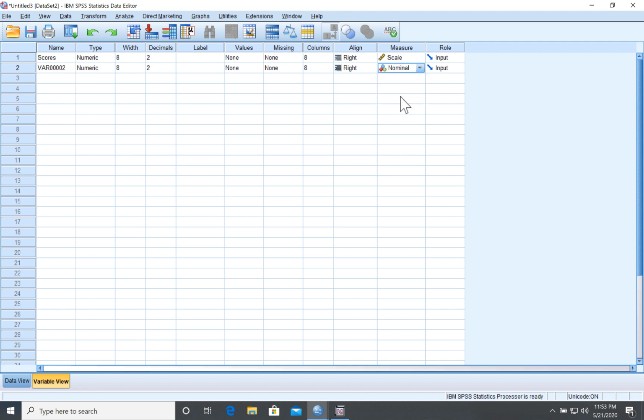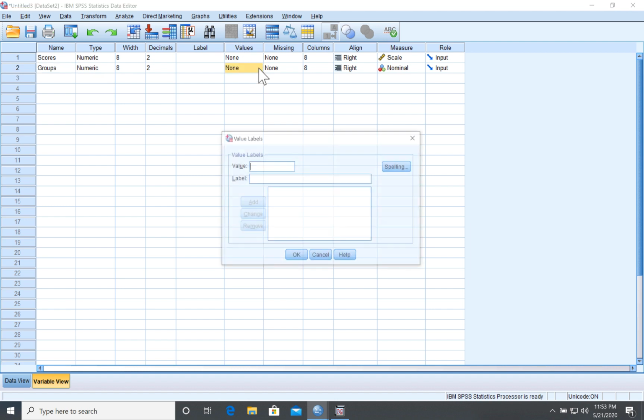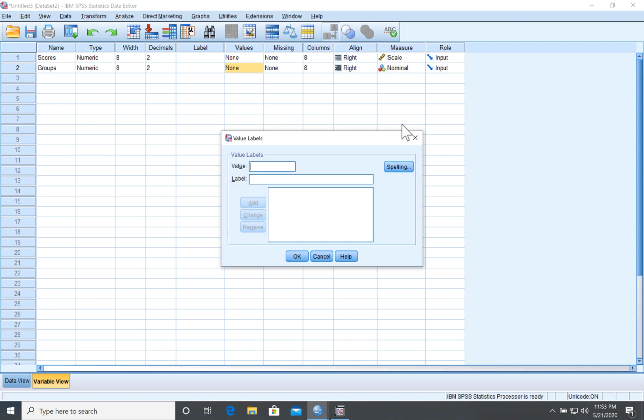These we'll put on nominal, and these we'll call groups. Okay, and we will put labels on these. So the first group, indicated by the number 1, that was the traditional lab.